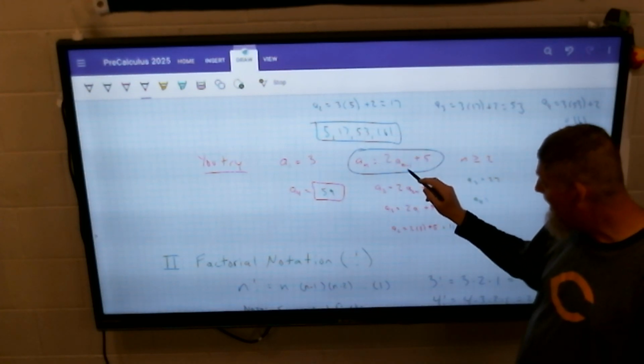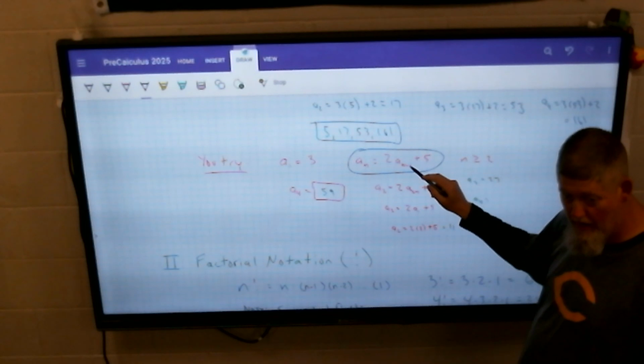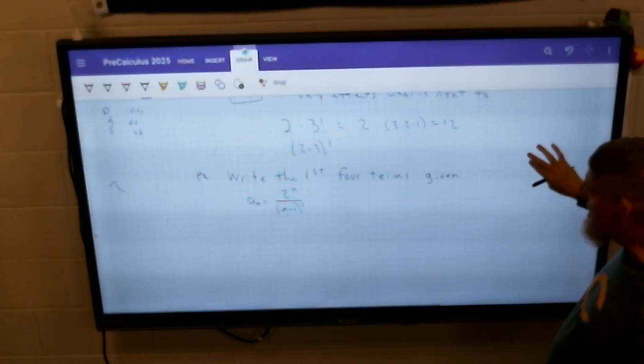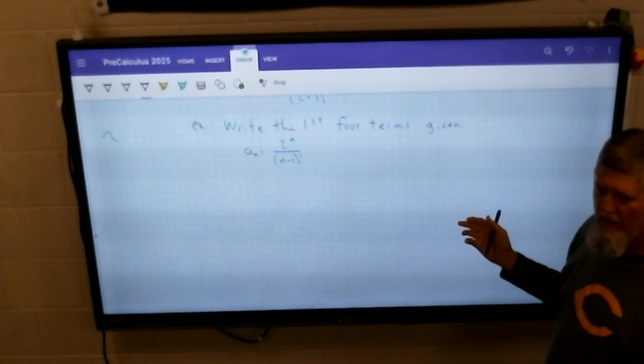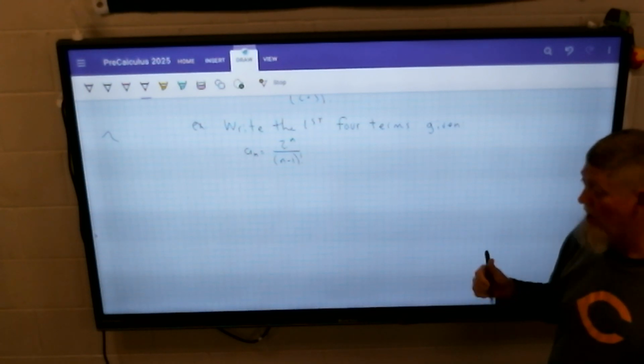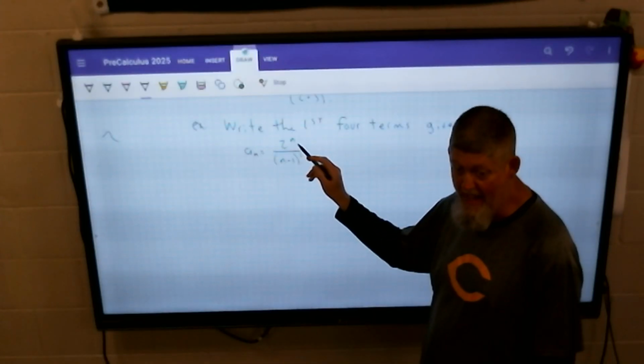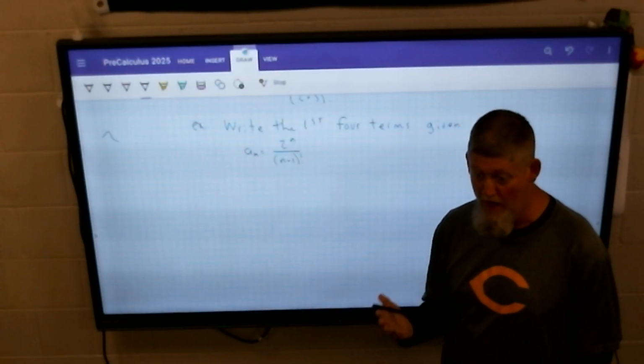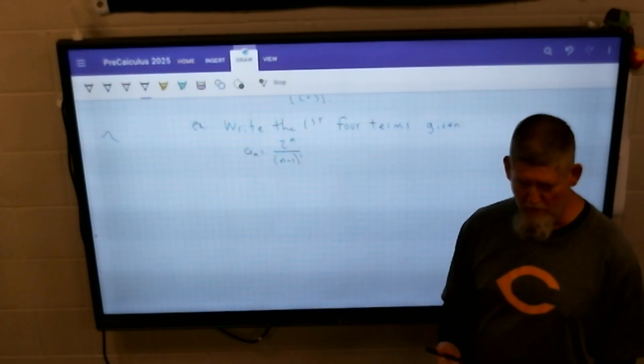A sub n minus 1. So it was asking for the previous term, right? This notation just has n minus 1, it doesn't have a sub n minus 1. So I'm not looking for the previous term, I just need the number n. So this is not going to be recursive.